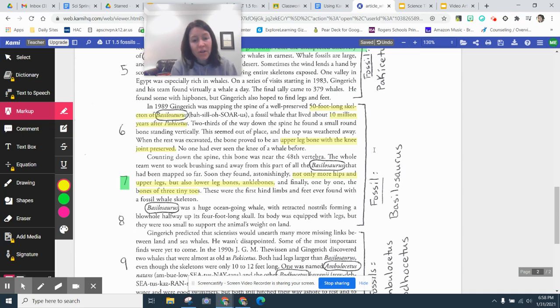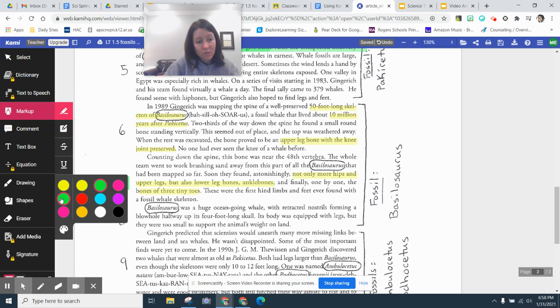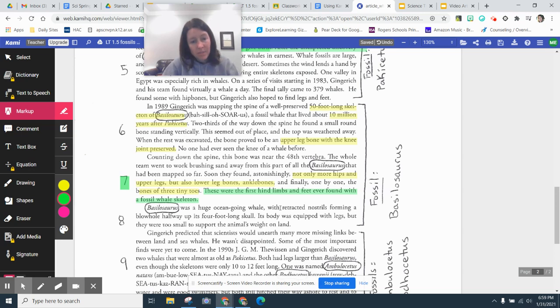Then it says they were the first hind limbs and feet ever found with a fossil whale skeleton. Now, I would almost say that that's a conclusion. So, based on what they've seen, they're making a conclusion that this is a whale that has limbs. Okay, so that's a conclusion based on the evidence they found.